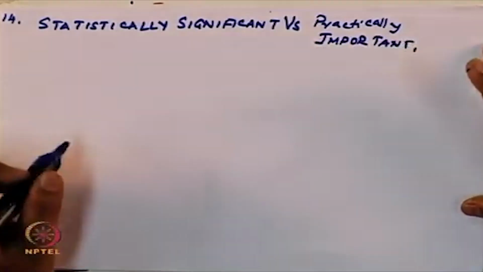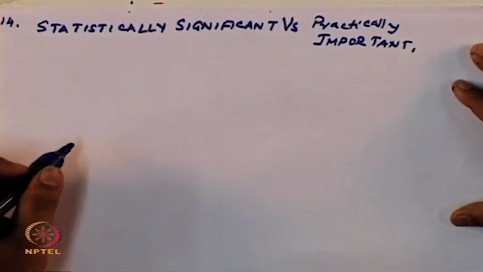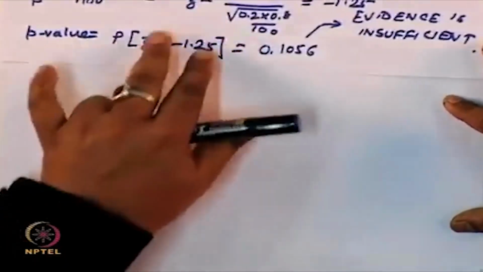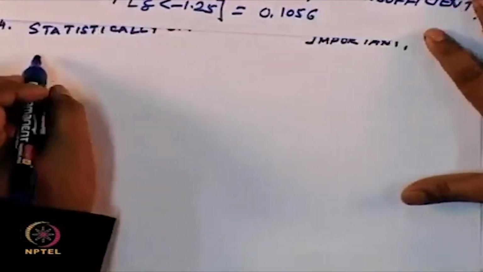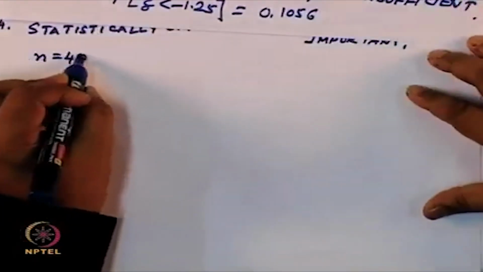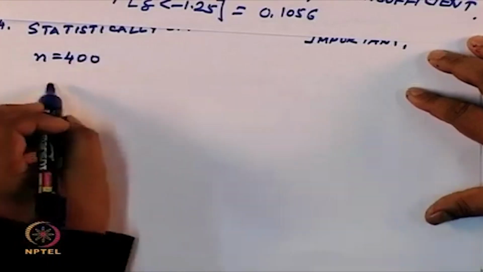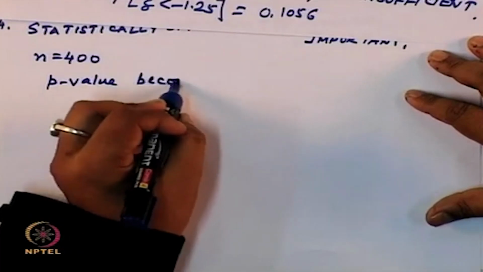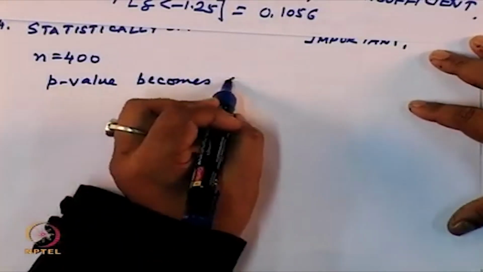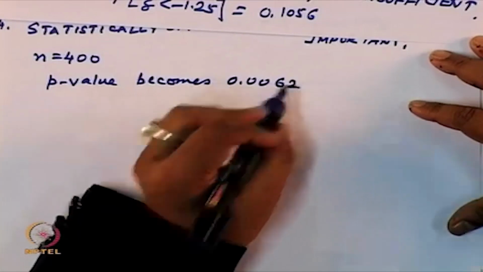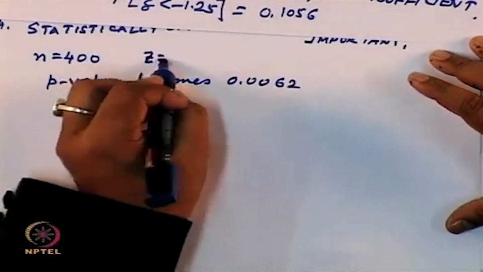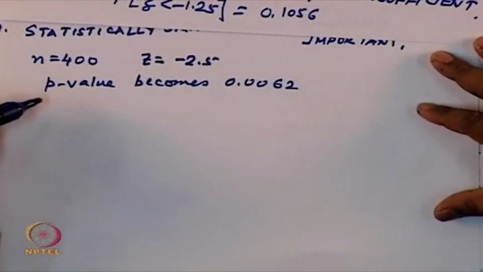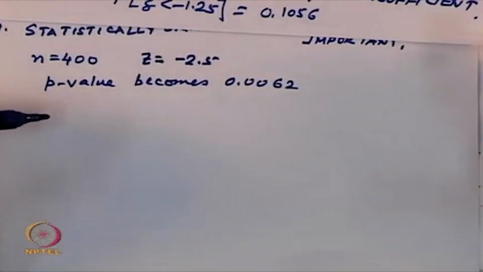In the above case, if, let us say, you increased your n to 400, then your p value becomes 0.0062, because your z becomes minus 2.5. So, now it is significant, but it may not always be practically important.